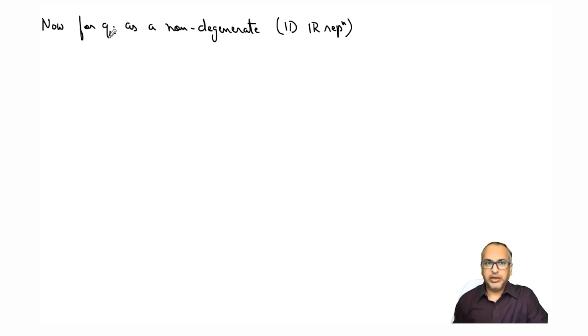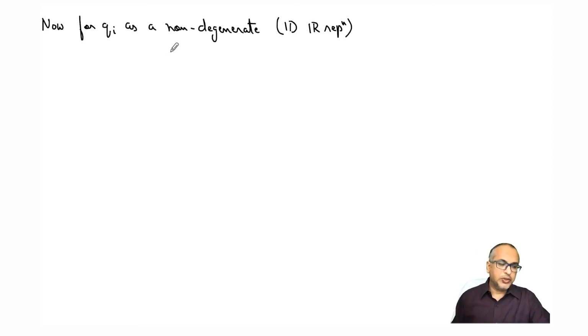So we have seen that the symmetry of the normal mode is equal to the symmetry of the normal coordinate. Now that symmetry can be one-dimensional or two-dimensional. It can be non-degenerate, which is a 1D IR representation, or it can be degenerate and then it will be a 2D IR or 3D IR representation, right? We have seen that normal modes can have the symmetry of 1D IRs, 2D IRs and 3D IRs.